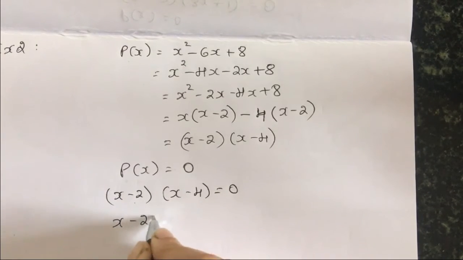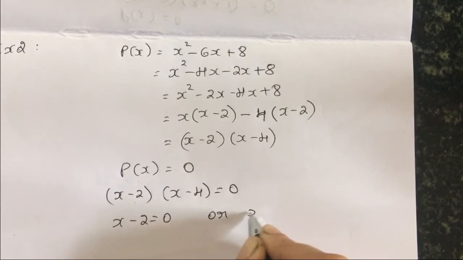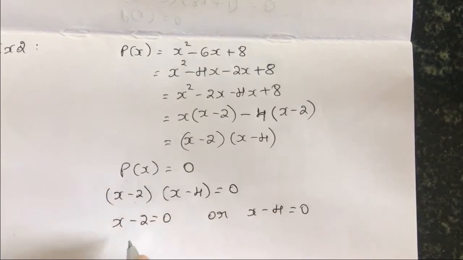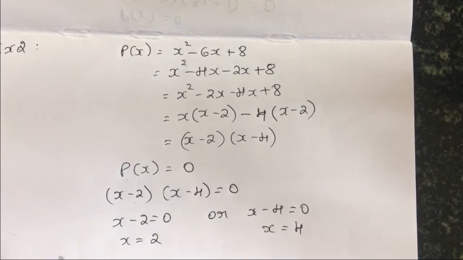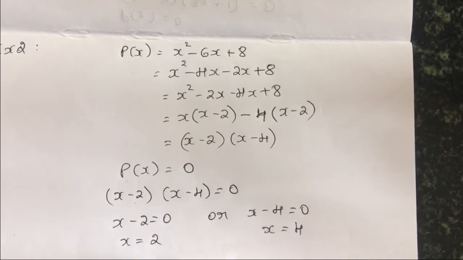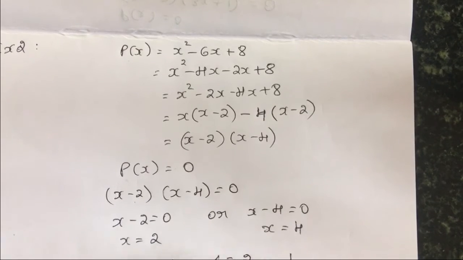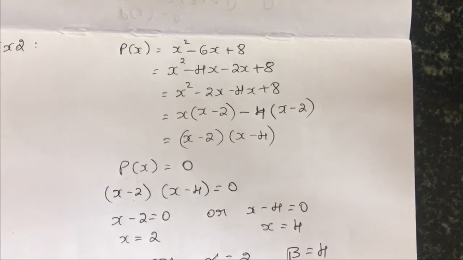So x minus 2 equal to 0 or x minus 4 equal to 0. x equal to 2, x equal to 4. So zeros are alpha equal to 2 and beta equal to 4.